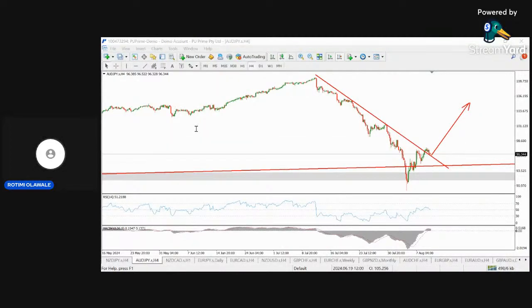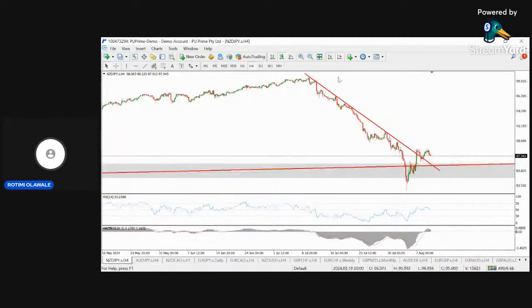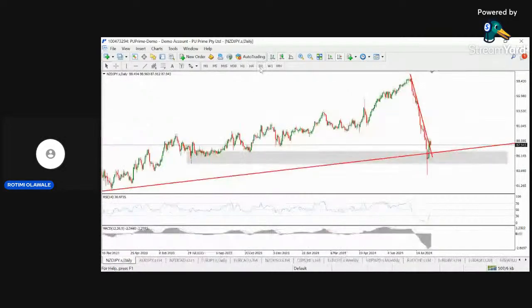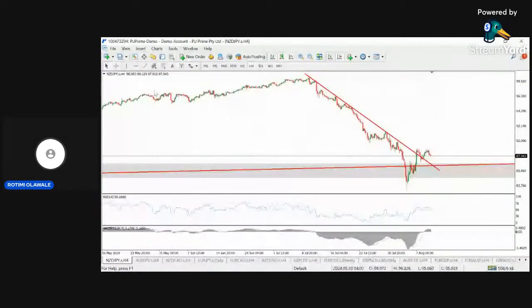And the next one I'll look at is the New Zealand JPY. The New Zealand JPY is having a similar pattern to what we have on the AUD JPY. We have price moving on an uptrend, and we have a support level being formed right there. So we expect, again, a bullish breakout. In the course of the week, we're going to be watching out for a breakout in a bullish direction on the New Zealand JPY.